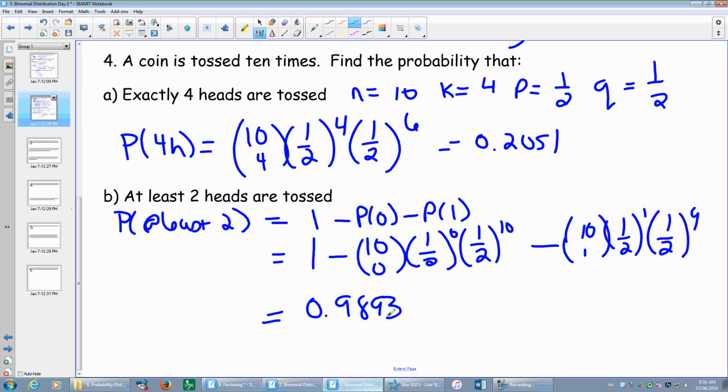Excellent. Okay, the probability that you get at least 2 heads, if it's tossed 10 times, is 98.93%, at least 2.